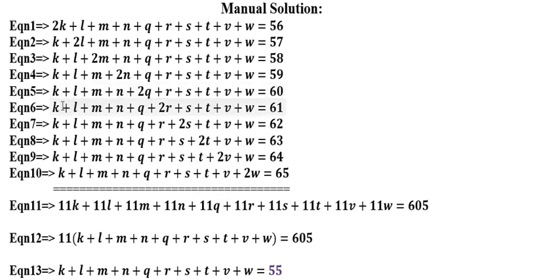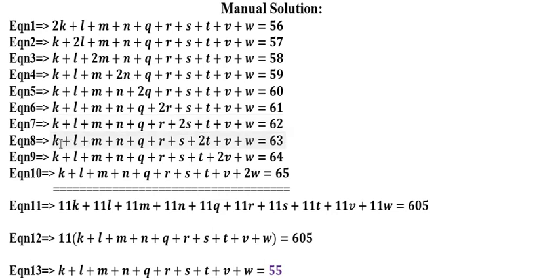Equation 6 is K + L + M + N + Q + 2R + S + T + V + W = 61. Equation 7 is K + L + M + N + Q + R + 2S + T + V + W = 62.